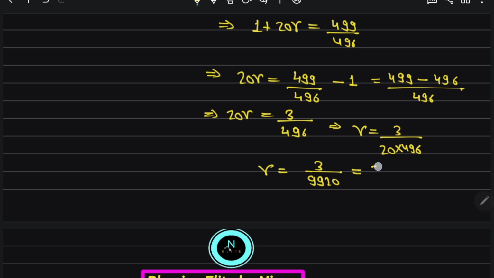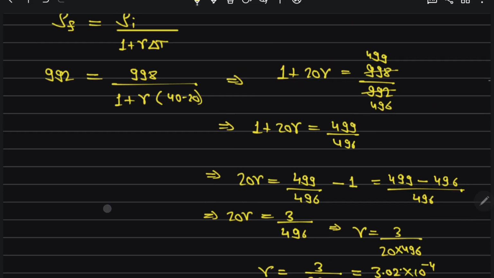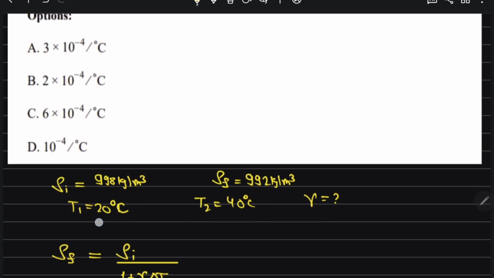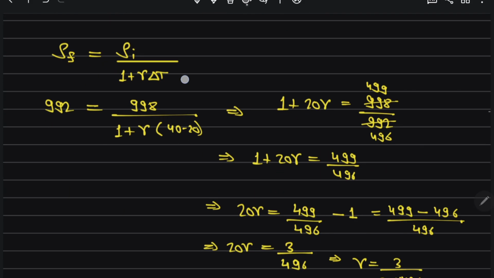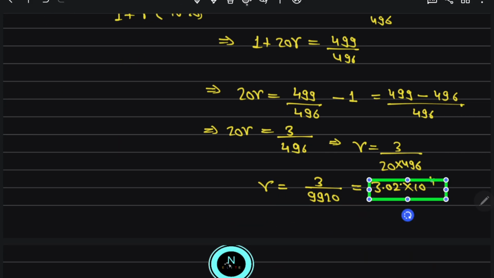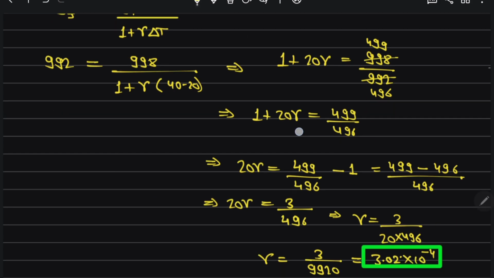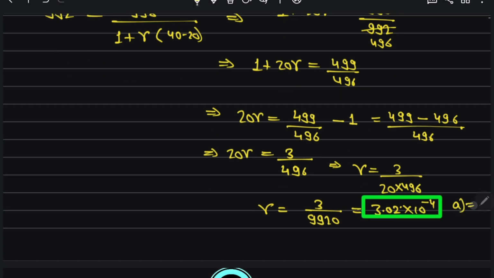This comes out to be 3.02 into 10 to the power minus 4. So option first is correct.